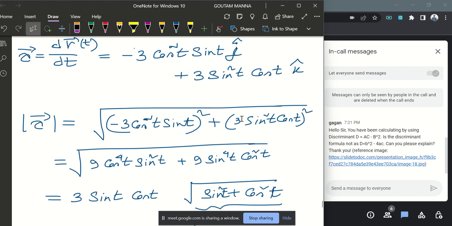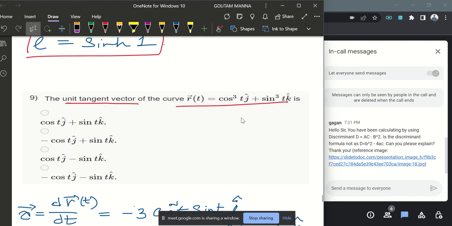This is the unit vector along the tangential direction. So minus cos t j hat plus sin t k hat, the second option.